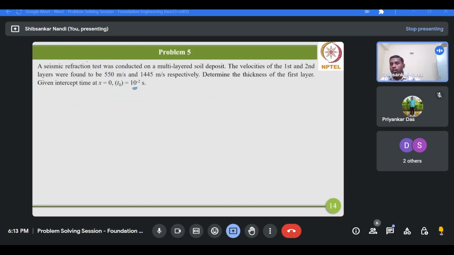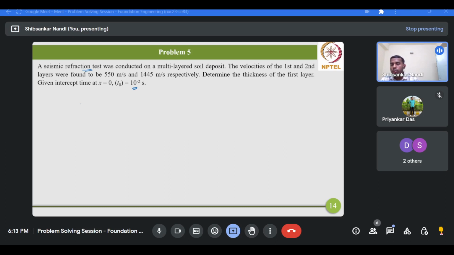Apart from seismic refraction, there are two more tests by which you can conduct a geophysical exploration program, which are seismic reflection and seismic cross-hole. Seismic reflection has some demerits or limitations, which can be ruled out by seismic refraction. So in today's session we will confine ourselves only to the seismic refraction test.